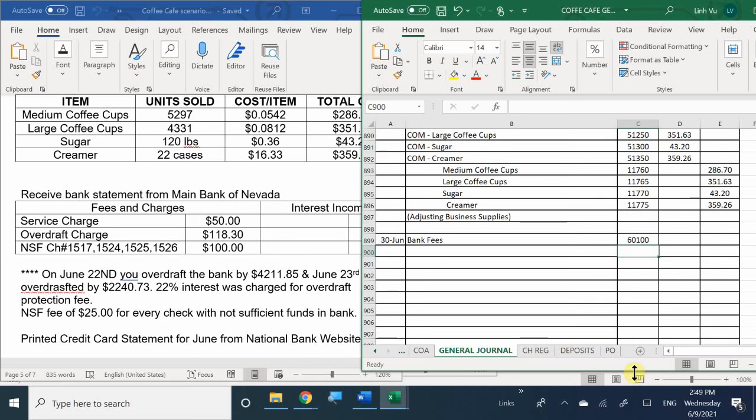Now, are they going to ask you to write a check to them, or are they going to take it right out of your bank? They'll take it out of the bank. It's automatic. So here, which account are you going to be updating? Checking. Your checking.